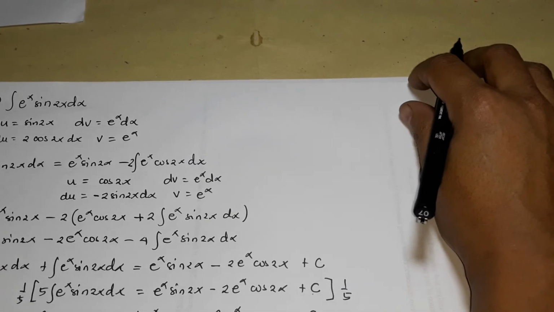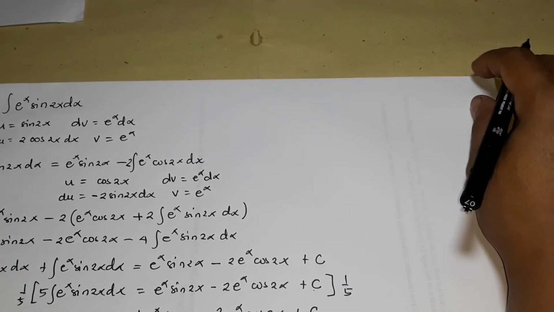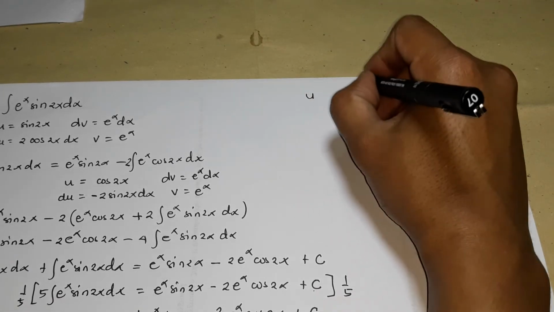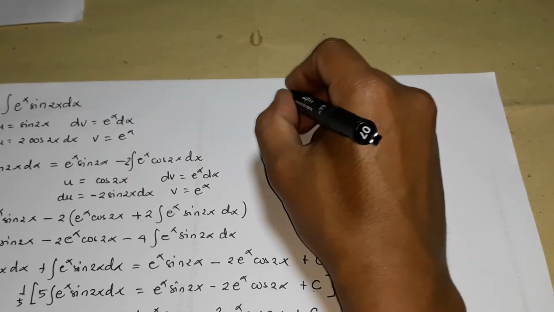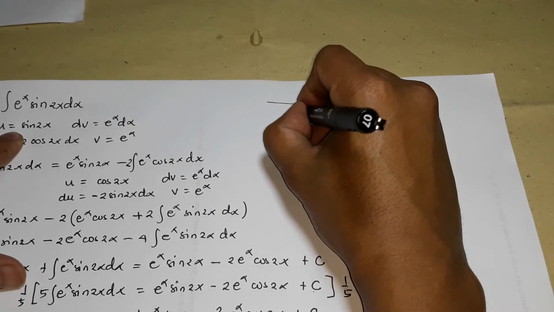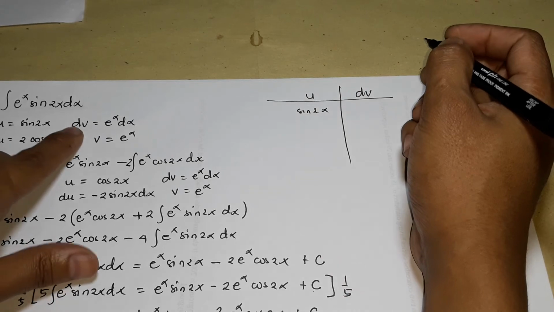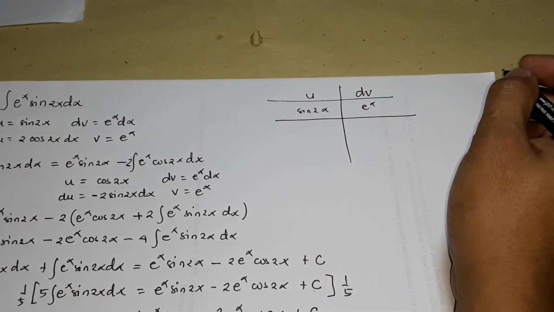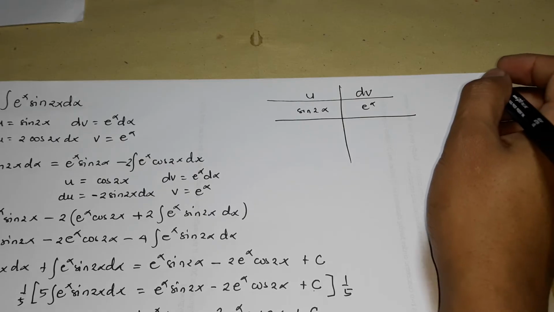So let's try tabular integration by parts for e to the x sine 2x dx. Again, you have your column u and your column dv. For your column u, say you let sine 2x be your u, and your dv is e to the x. For this purpose, we're just going to differentiate it only twice.